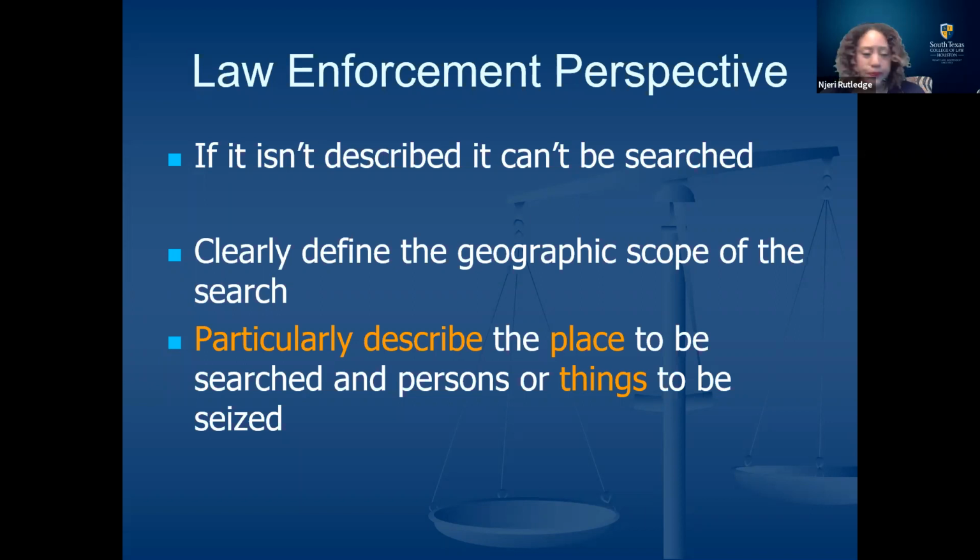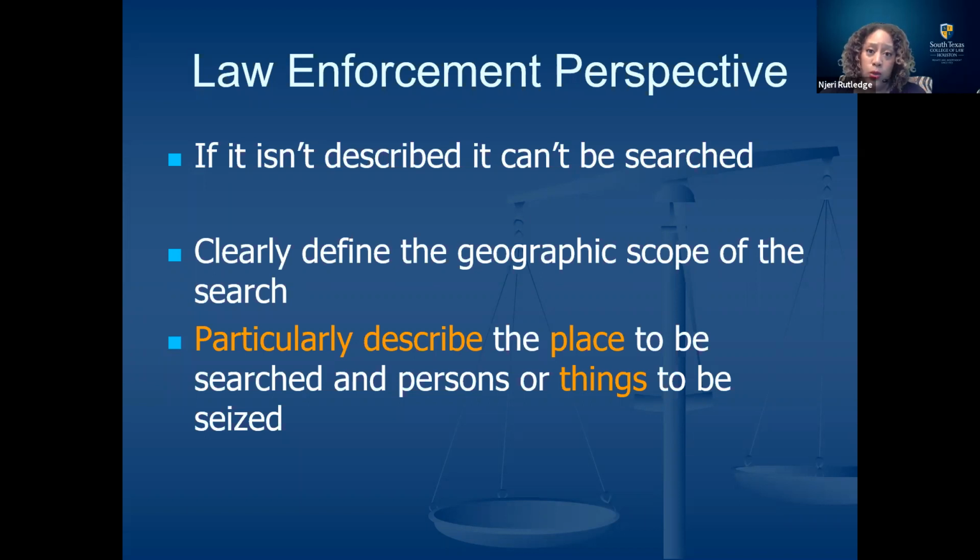Make sure you clearly define the scope of the search. Make sure you're being particular about your description of the place to be searched, persons or things to be seized. So some officers, especially if they're in a particular unit like homicide or major drugs, do their own search warrants.